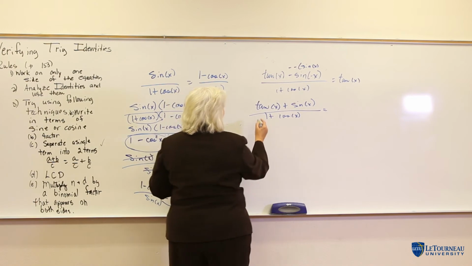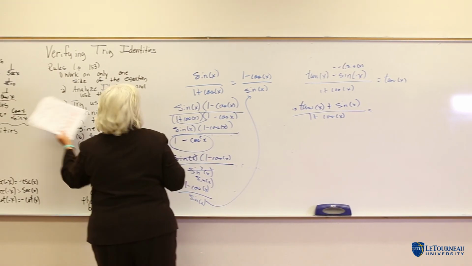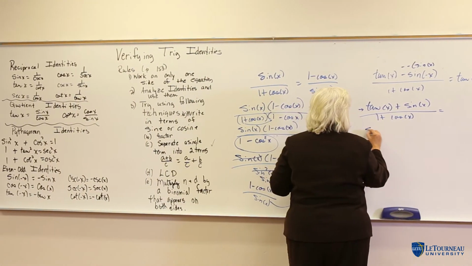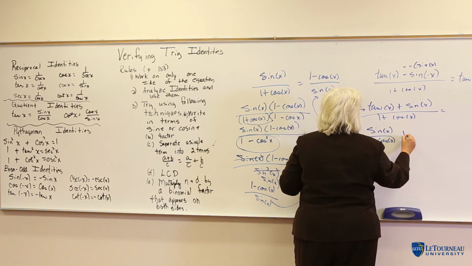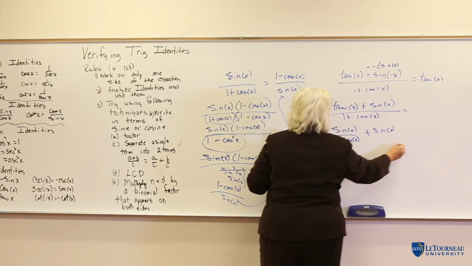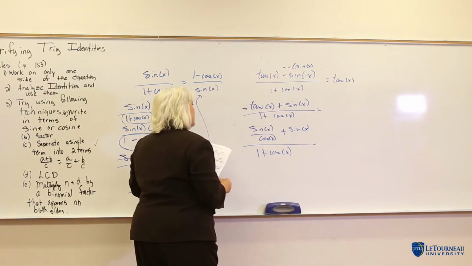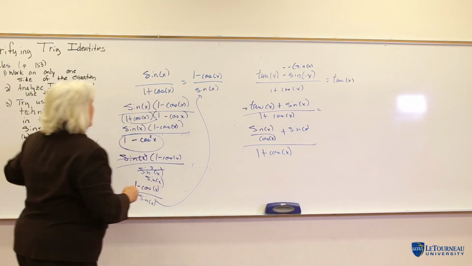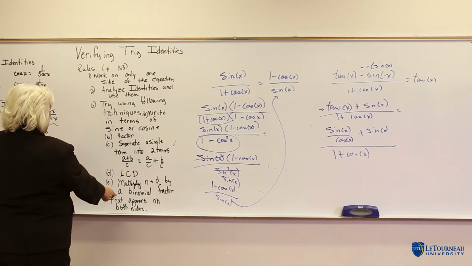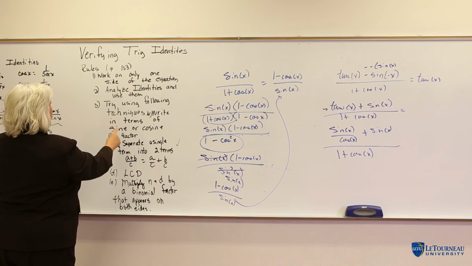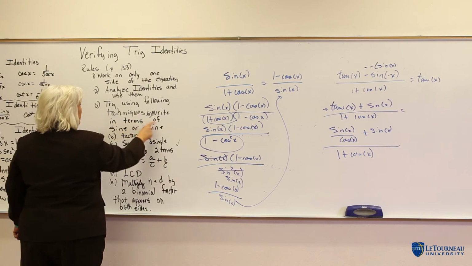Okay. What we're going to do now is go to the quotient identities. Tan x is the same thing as sine over cosine. We're going to use lots of different ones of these, because of the techniques here: write in terms of sine or cosine.